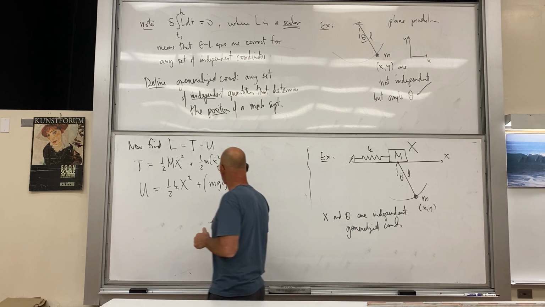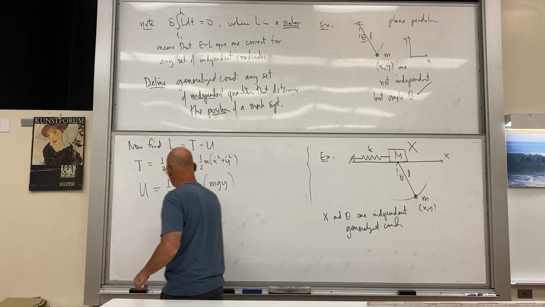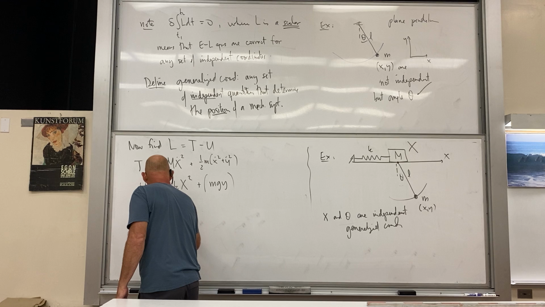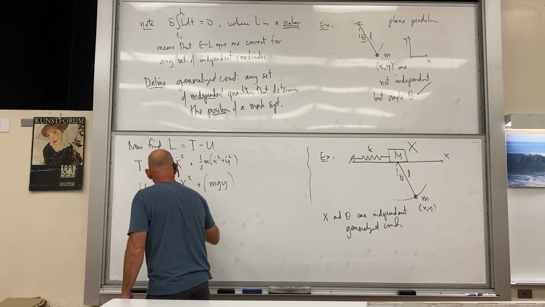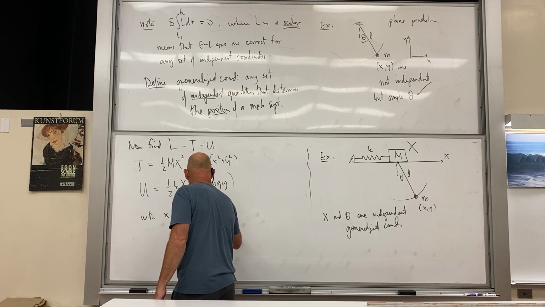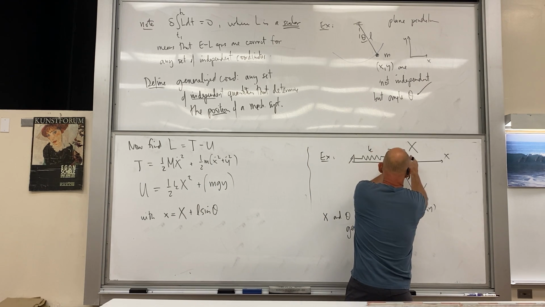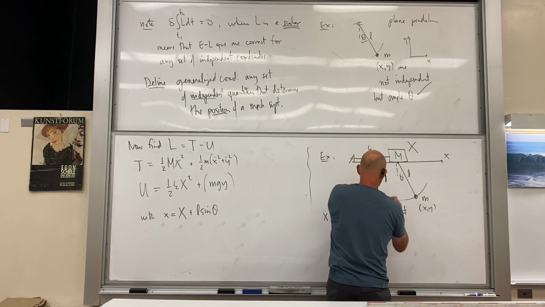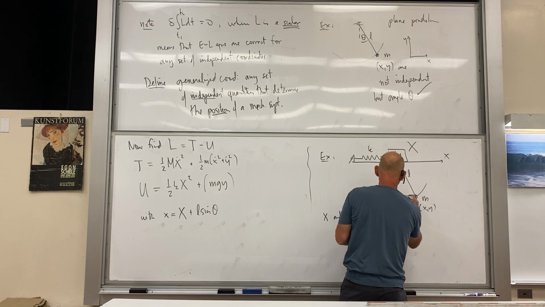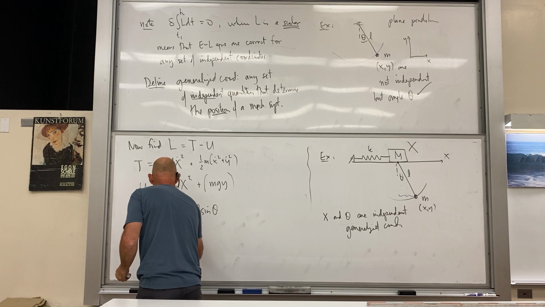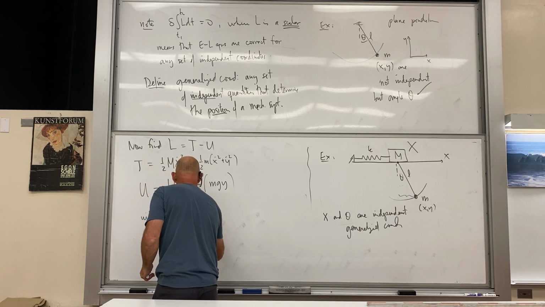What we're going to do is transform both of these with lowercase x equals uppercase X plus L sine theta, as you can see here. Right, it's whatever capital X is plus this little distance. And then lowercase y is equal to minus L cos theta.